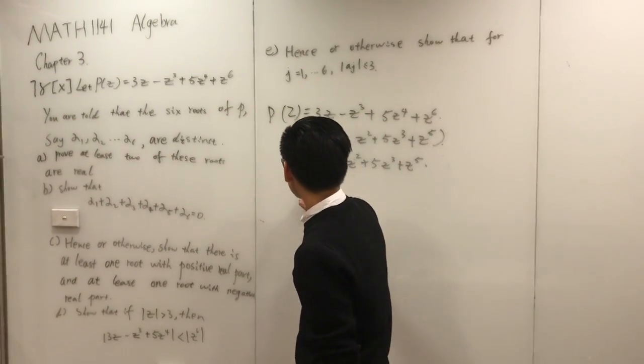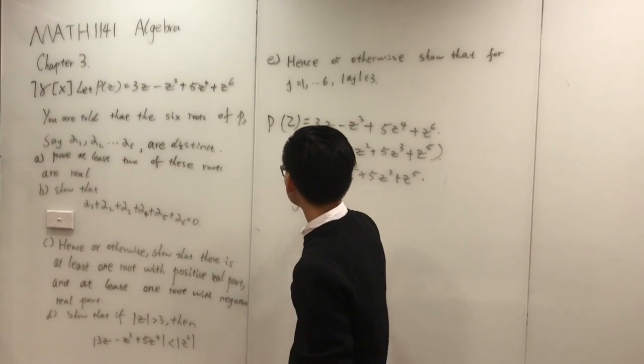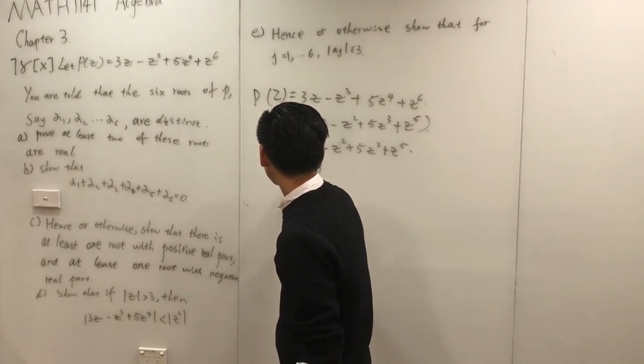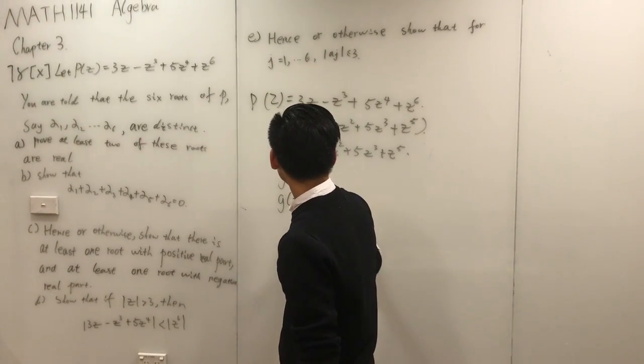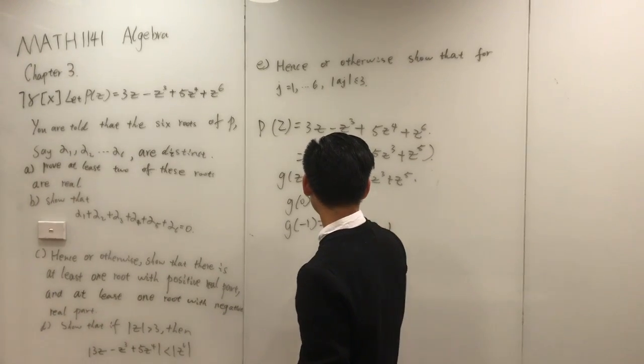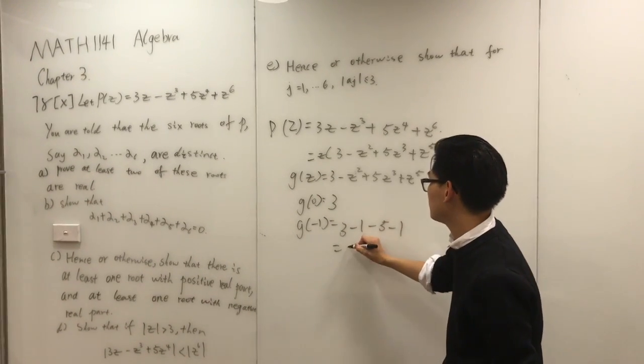Right? So we try 0 first. Obviously we get 3. And we try negative 1. We get 3 minus 1 minus 5 minus 1, which is minus 4.